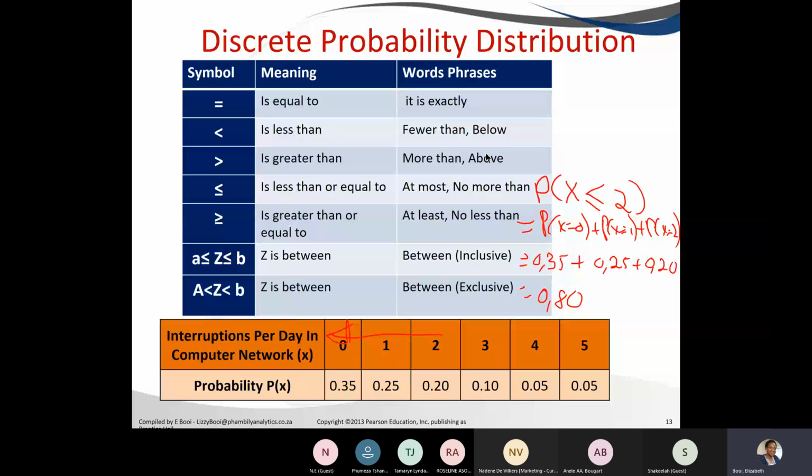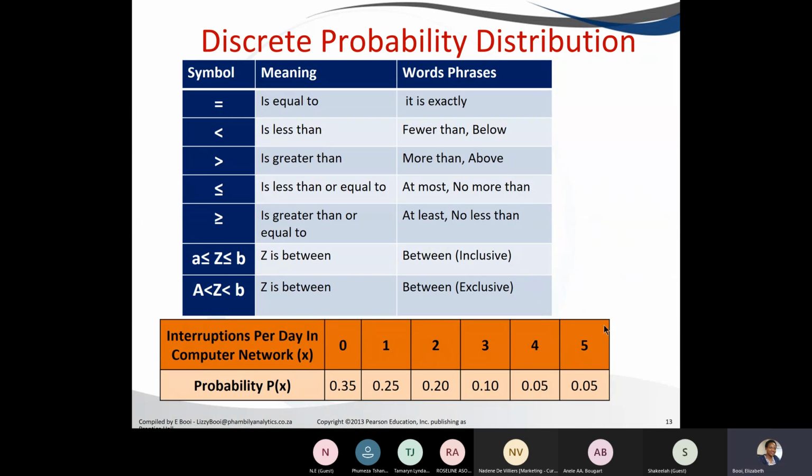What will be the probability that at least 3 interruptions will happen in a day? The probability that x is greater than or equal to 3, which is at least 3 interruptions will happen in a day, is given by the probability that x is equal to 3 plus the probability that x is equal to 4 plus the probability that x is equal to 5, because they are only up until 5.